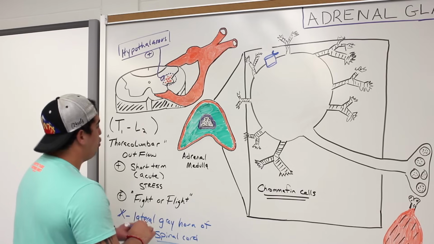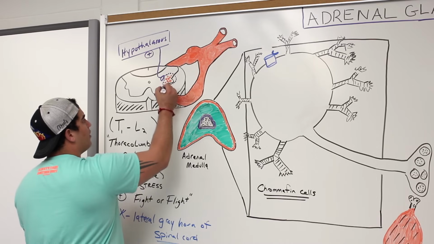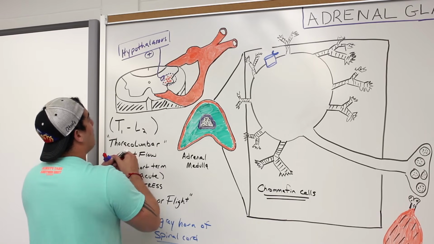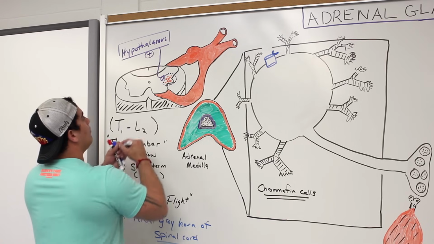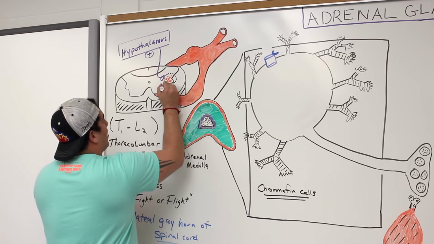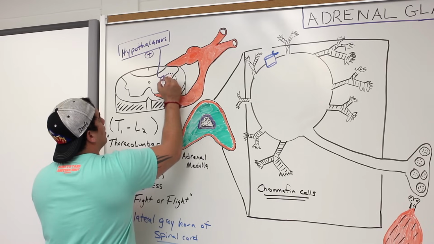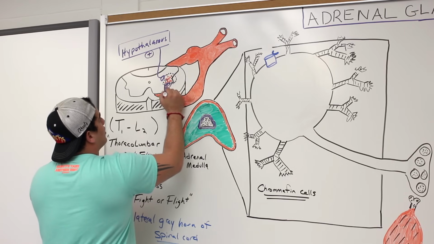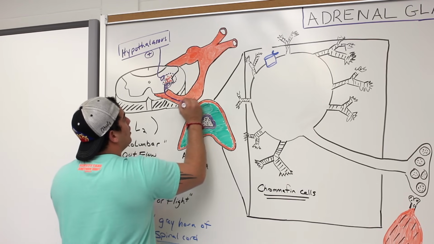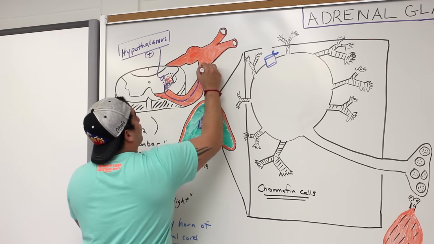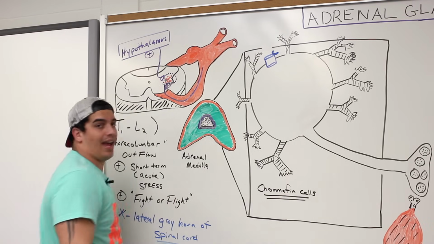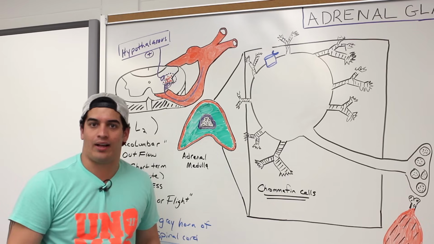So what usually happens is, if I follow this out, the axons come out and move through this ventral ramus, and then eventually they go into a sympathetic chain ganglia.